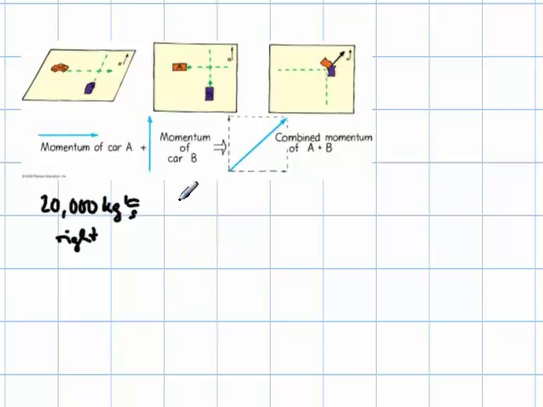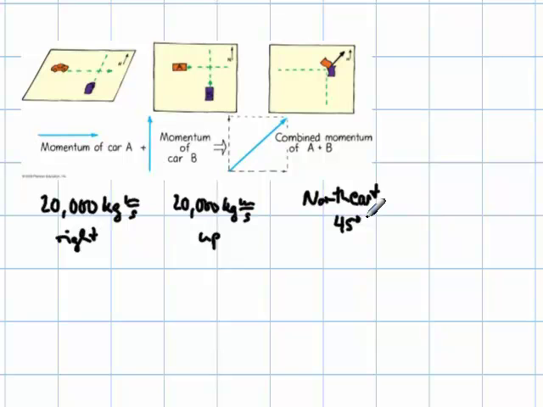And then the other car is, of course, 1,000 times 20, 20,000 kilograms meters per second up, or north as the problem says. We would conclude that the direction will be northeast, and because I said it's symmetric, we would come up with 45 degrees.